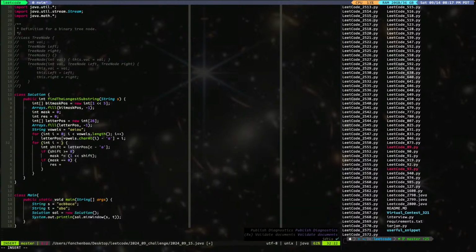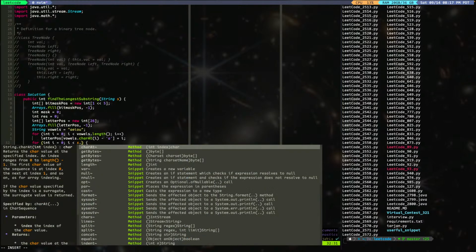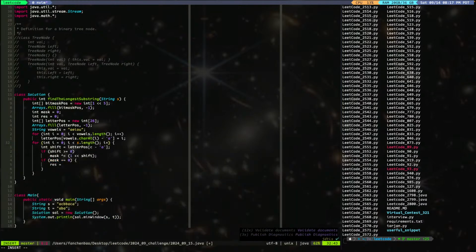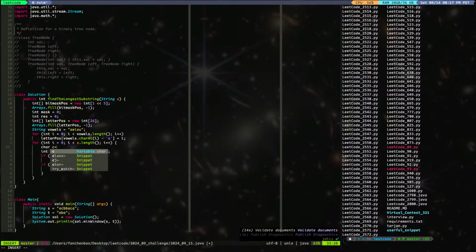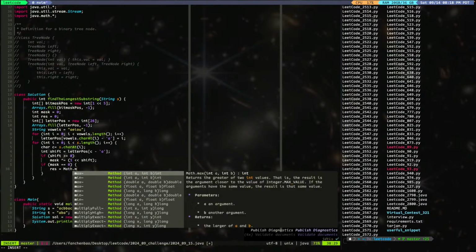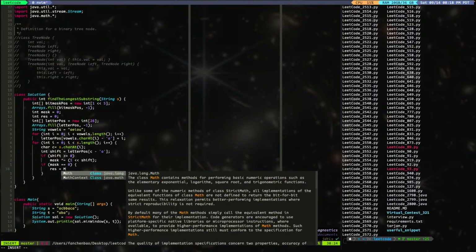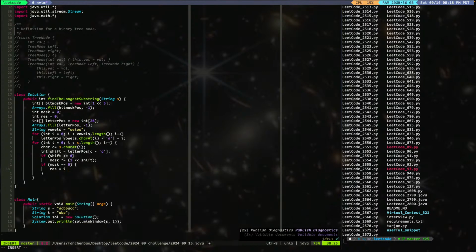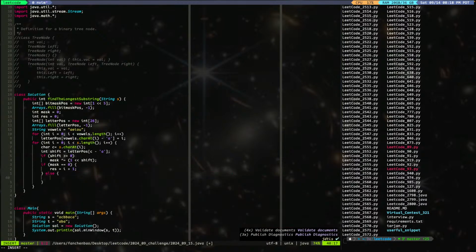Damn you. Length plus c equals charAt(i). Okay. So res will equal Math.max. Actually, I don't need Math.max because it's going to be i plus 1, right?